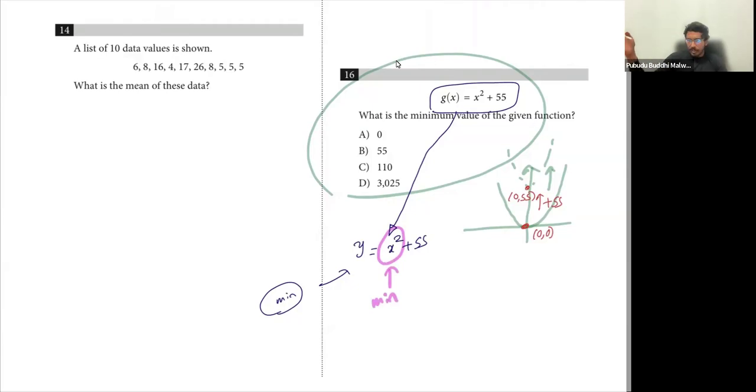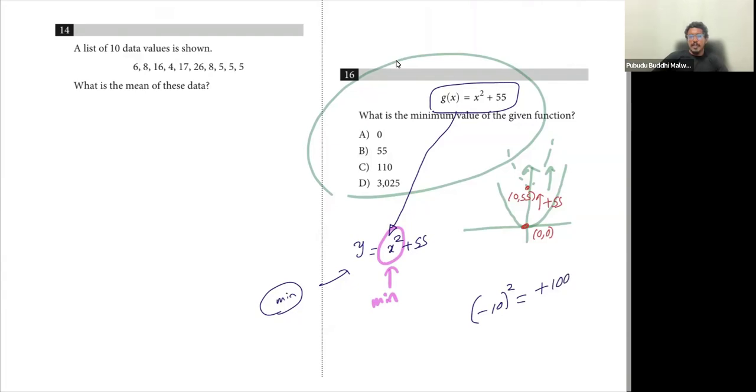Because you can't change 55, that's fixed. So to get the minimum value from that, what's the suitable x value? You might be thinking about a huge negative value. That won't work, because like minus 10 squared is also plus 100.